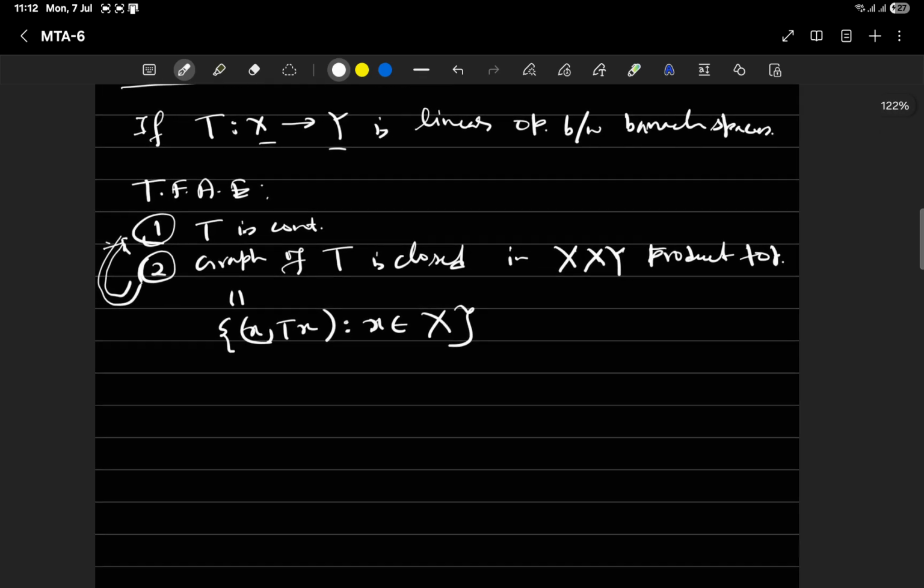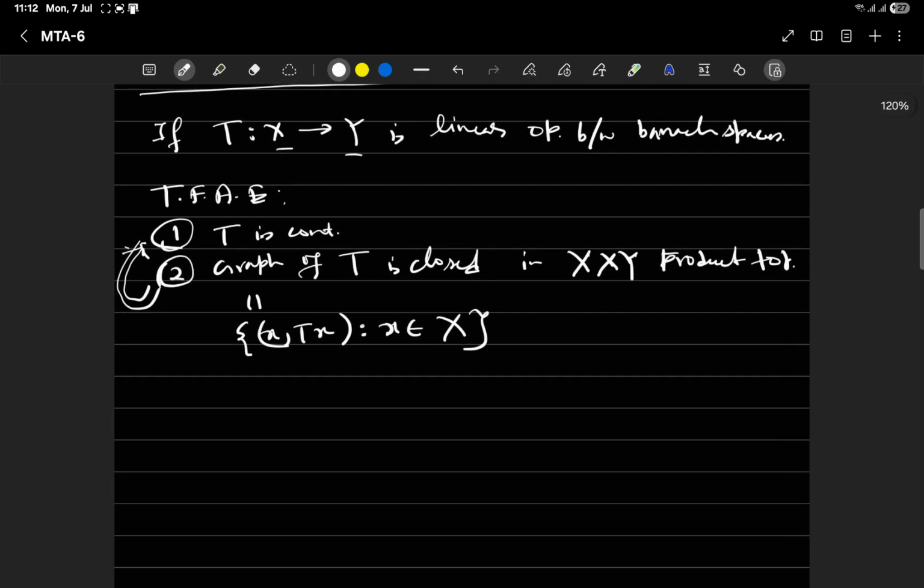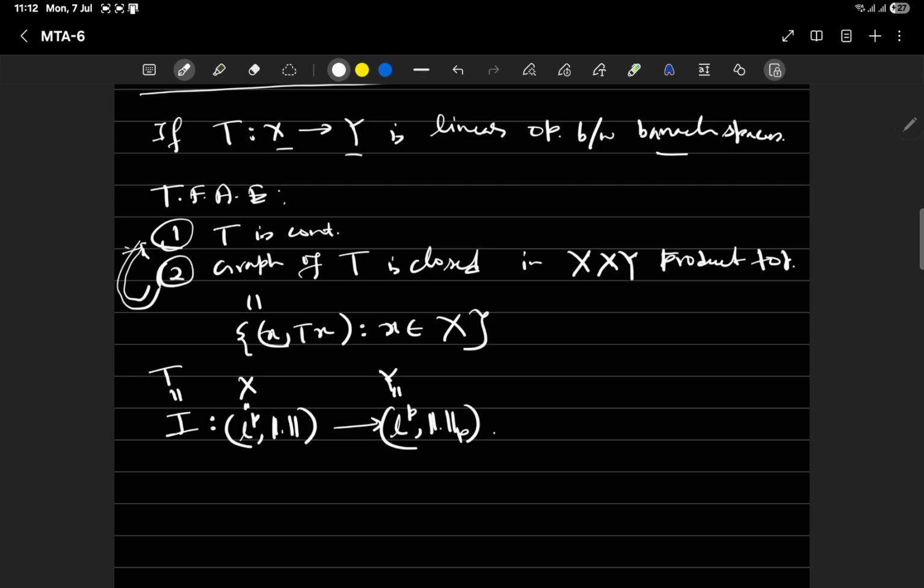Now both are Banach spaces, that is given. To prove I is continuous, we have to prove that the graph of I is closed in the product topology.